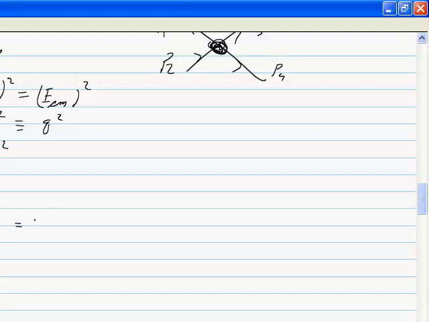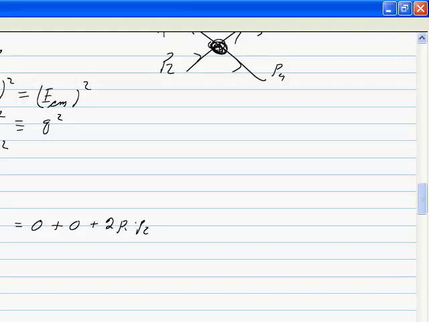Remember, P squared is M squared for the particles on shell. So this is 0 plus 0 plus 2P1 dot P2. T is minus 2 P1 dot P3 by the same type of calculation.